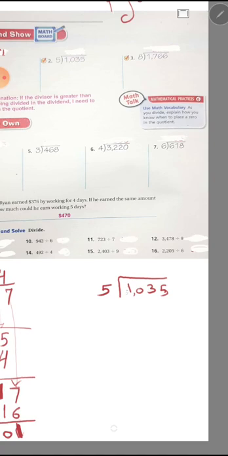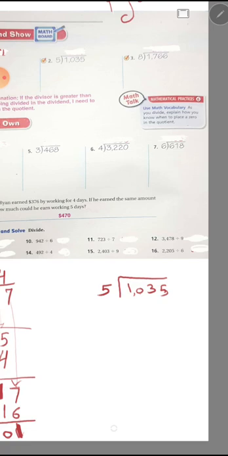The first number is in the thousands digit. If you divide it by 5, I can't divide 1 by 5. So I will take the digit after it, which is the hundreds. So it will be 10 hundreds. 10 hundreds divided by 5, yes, it will be 2. So the first digit will be a hundreds digit.